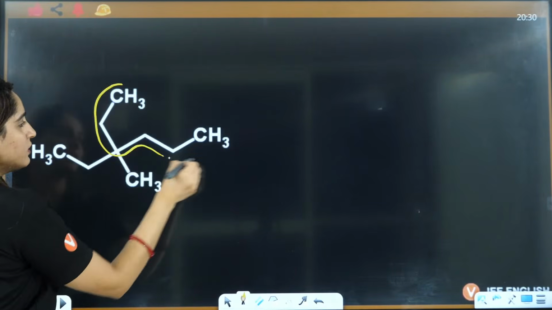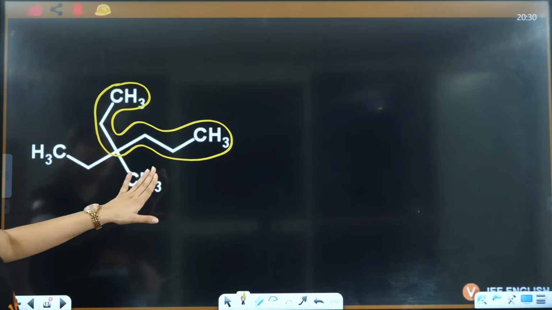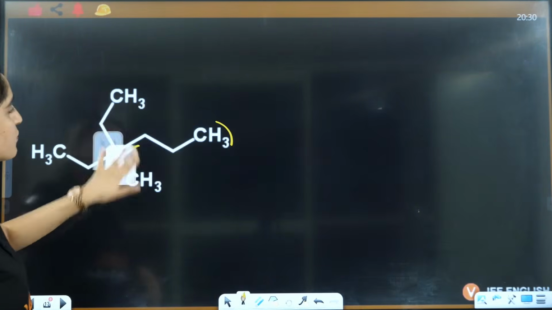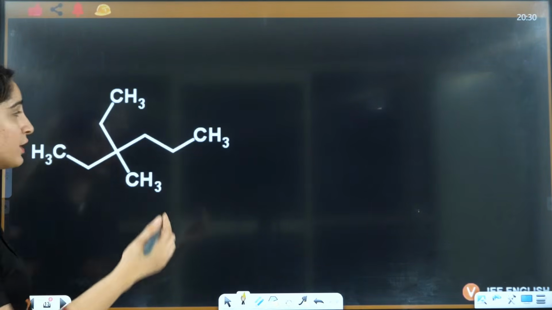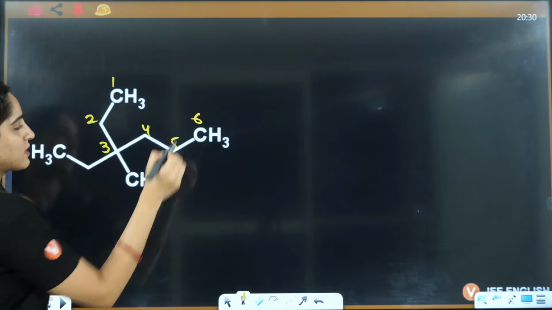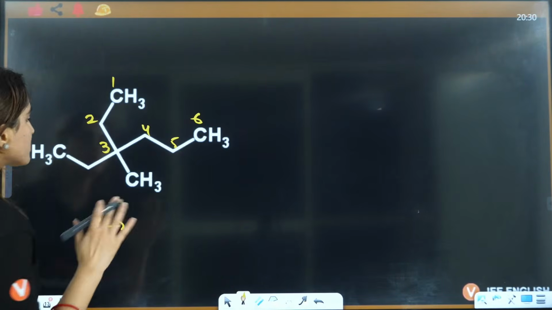One is this one, right? So if I take this as the longest chain, 1, 2, 3, on the third position, then you need to do the numbering, okay? 1, 2, 3, 4, 5 and 6. Then on the third position, you will have 2 substituents.